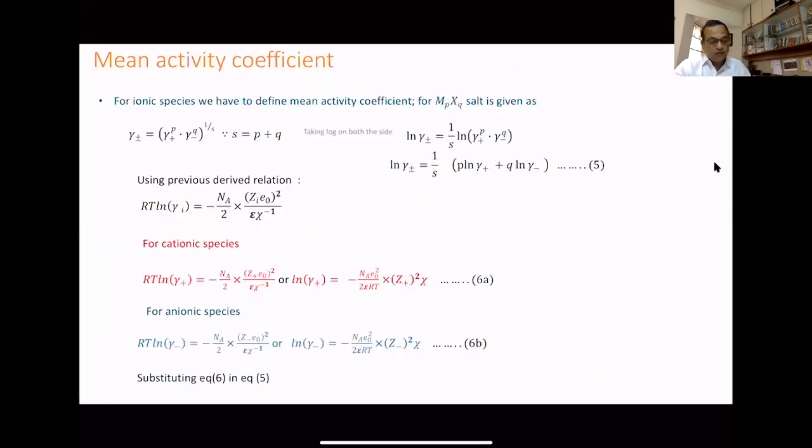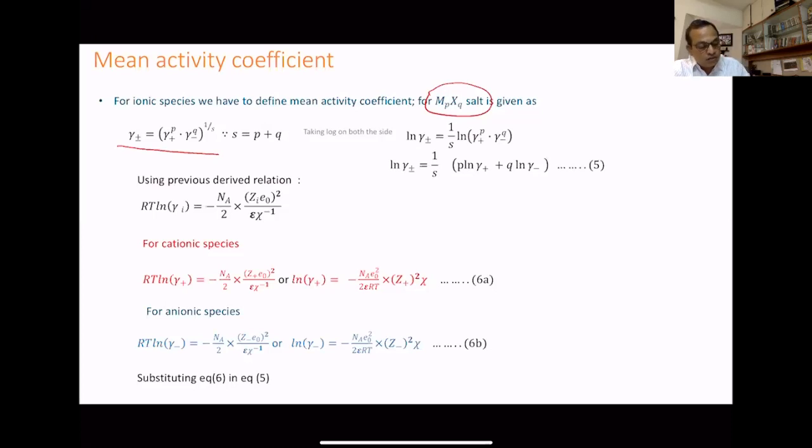Now, this also we have seen: the mean activity coefficient for an M_p X_q salt is given by gamma plus or minus to the power s, equal to gamma plus raised to p into gamma minus raised to q, the geometrical mean of these two things. We cannot separate out the activity coefficient of individual ions, because we cannot prepare a solution of an individual ion.